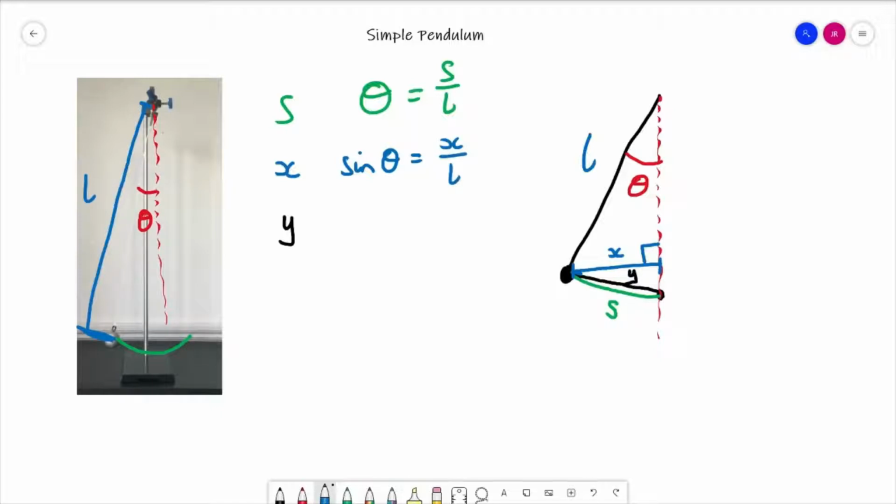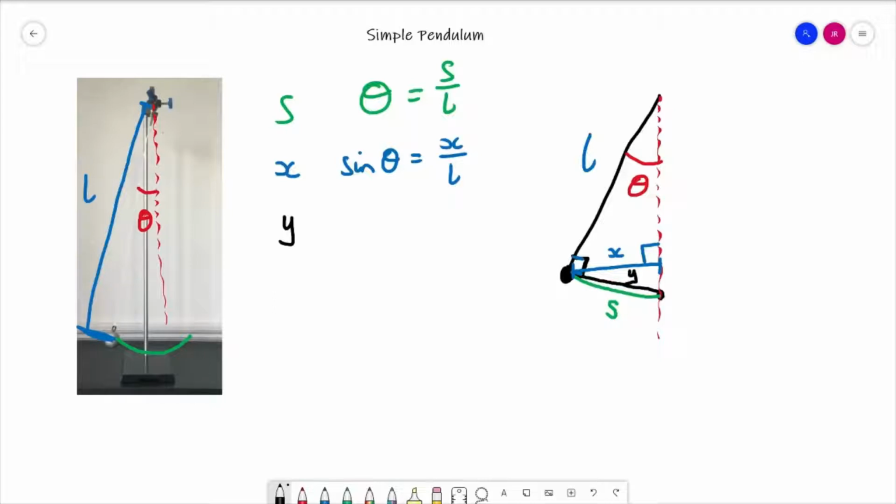Now, Y becomes the interesting one because with the length of the pendulum, Y, and the red dotted line, we actually have an isosceles triangle where both the long sides are the length of the pendulum and the shorter side is Y. But what we should now be able to see is that as theta gets smaller, the angle here between L and Y will tend to a right angle, and I'll explain that a little bit more in a moment.